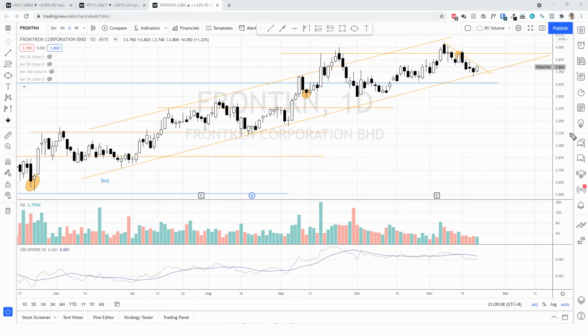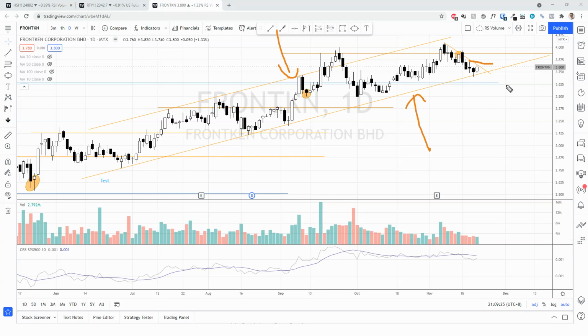Okay, so at the moment it is probably supported by the demand line. So it's in an uptrend, up channel, supported by the demand line. And I really would like to see a commitment above, probably here, about 388.